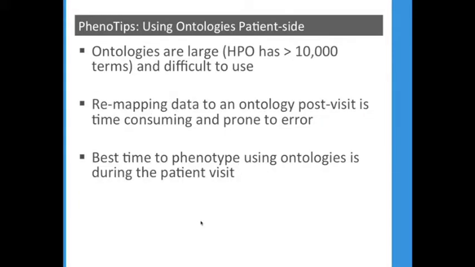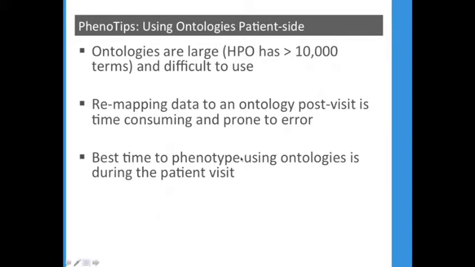So what we did with that is we built a system called PhenoTips, which is meant to enable the use of the Human Phenotype Ontology on the patient side. Because ontologies are large, and HPO has 10,000 terms, you can't really expect a clinician to do 10,000 checkboxes for each patient.